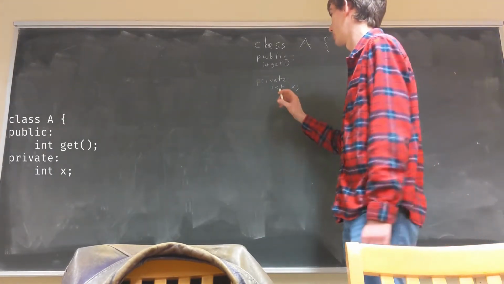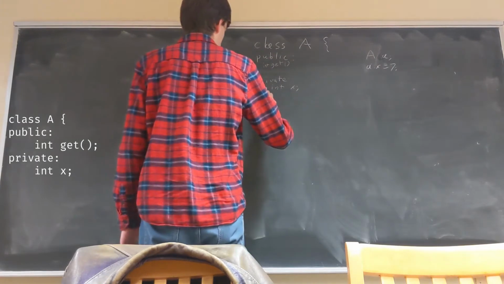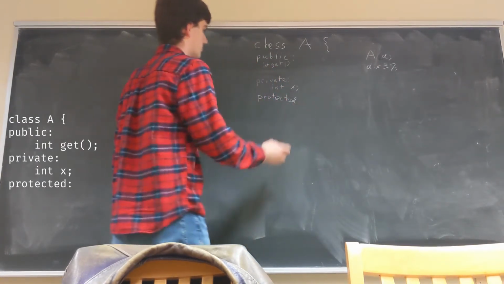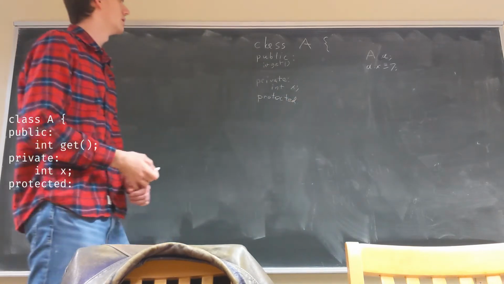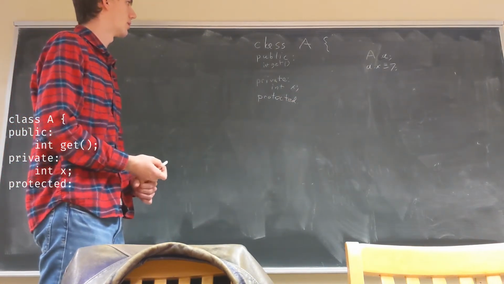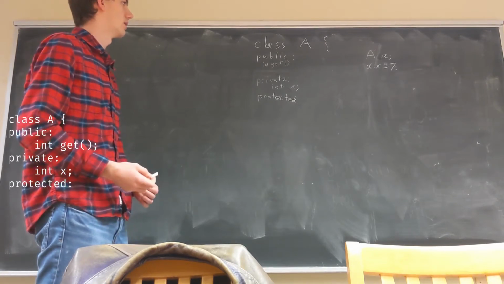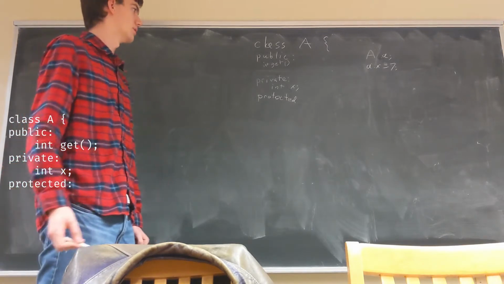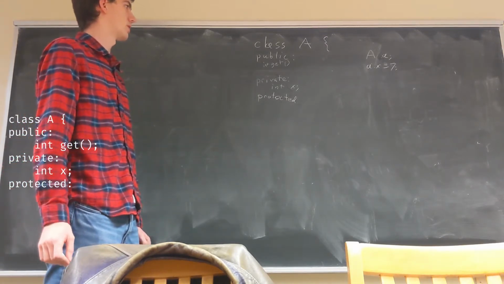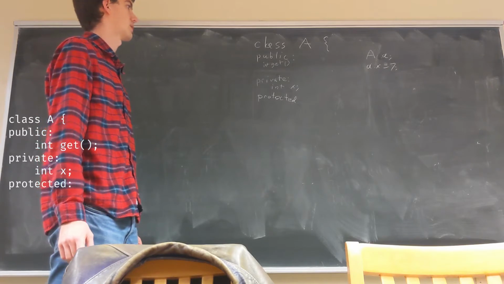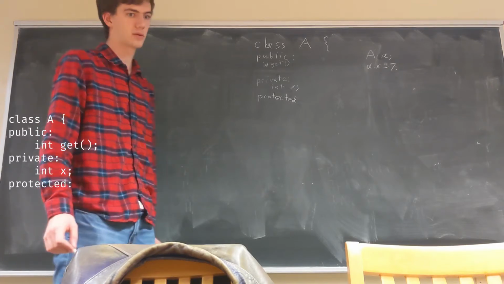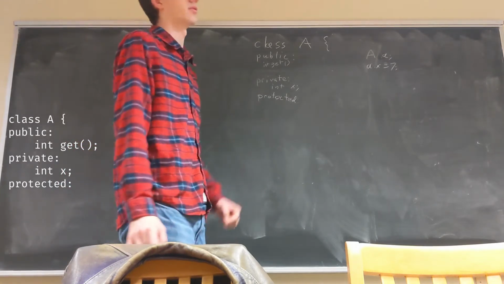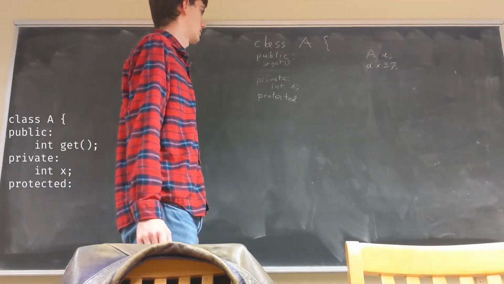One other label that exists is protected. So protected is similar to private, except that it can also be accessed by code in any subclass of A. That's often used, for example, for constructors, and I'll get to how in a bit, but you could have a constructor that can only be invoked by a subclass.